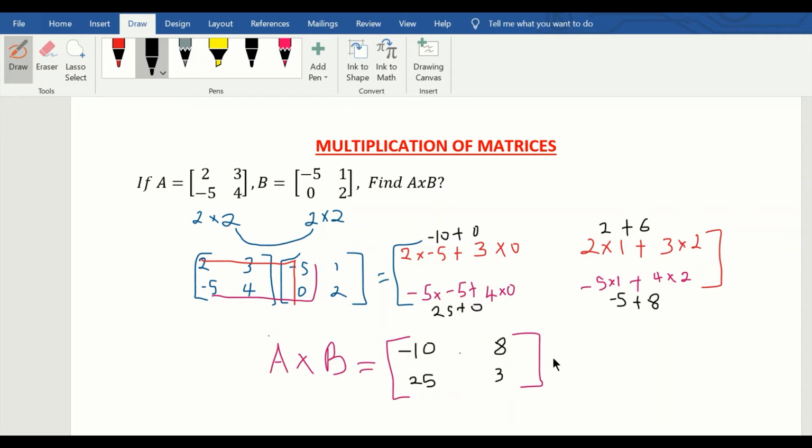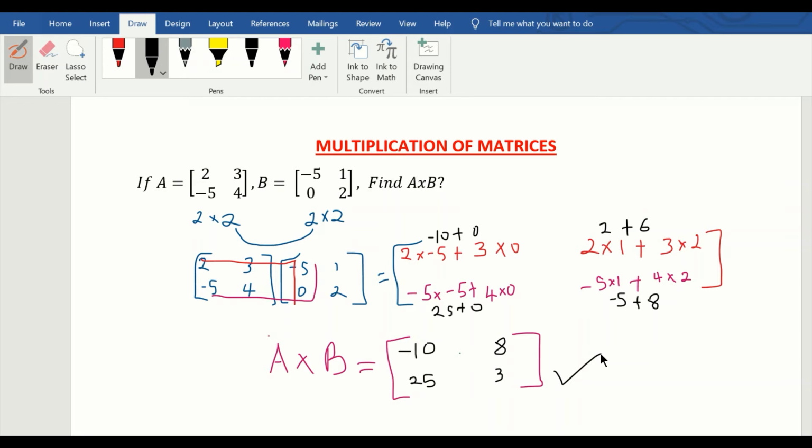So matrix A times B is minus 10, 8, 25, and 3. So this is our final answer for matrix A times matrix B.